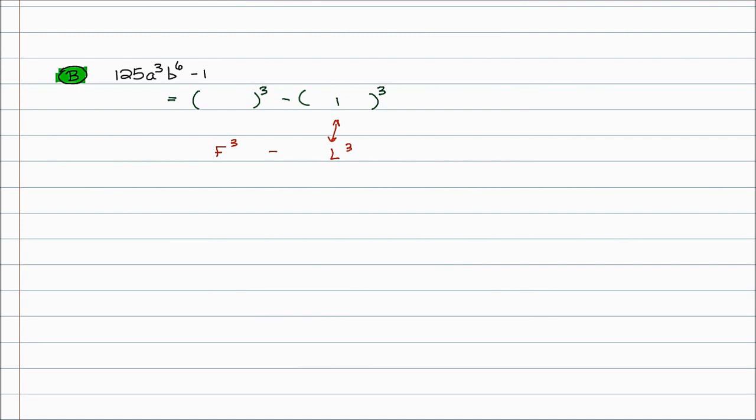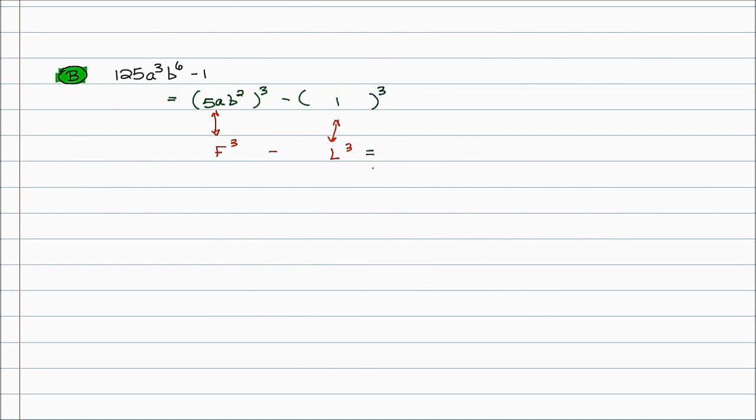But the first object here, well, 125 is the same thing as 5 cubed. A cubed is the same thing as A being cubed. And b to the 6th power is the same thing as b squared being cubed. So in this case, our first object is 5ab squared. Let's see how that factorization works.